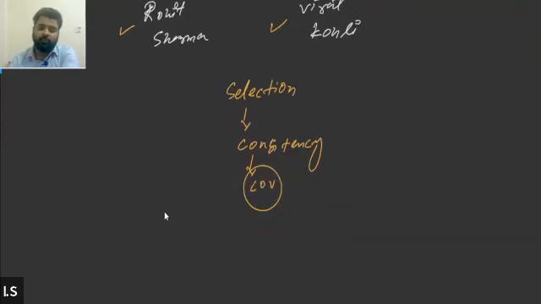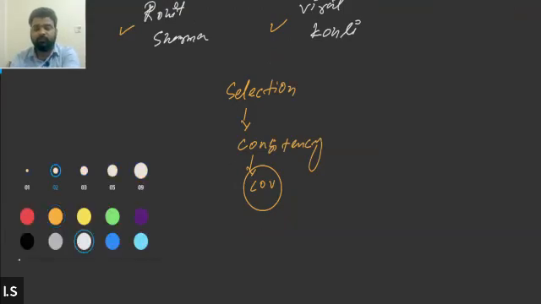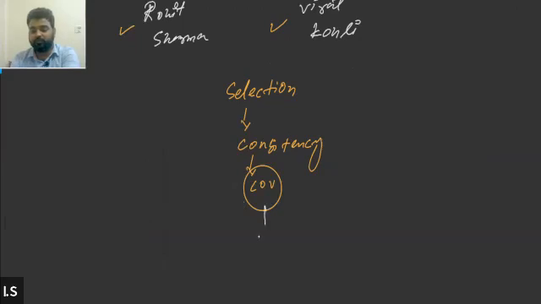Okay, and generally how does it work? By applying the coefficient of variation, we calculate the value of the variation, in terms of some numeric value. Generally, a player or any subject having a high coefficient of variation indicates low stability or poor consistency.